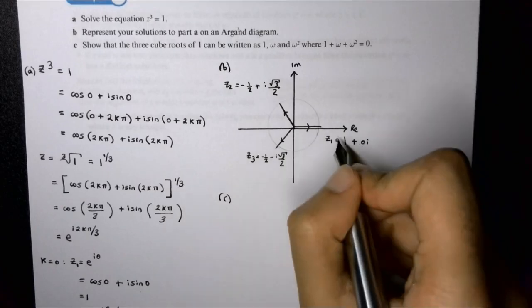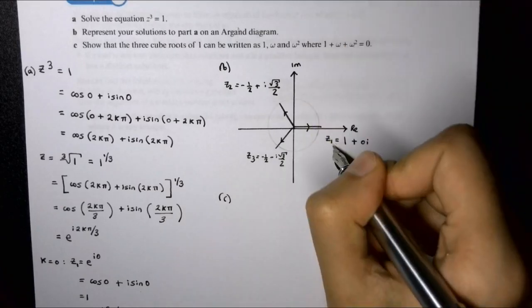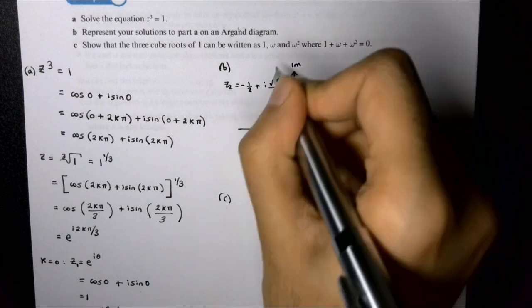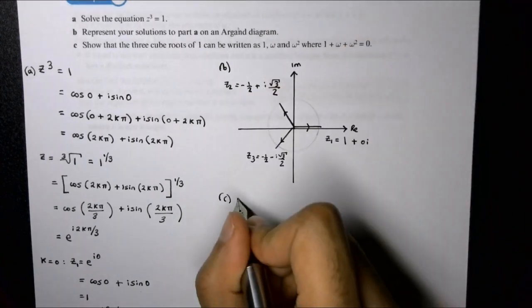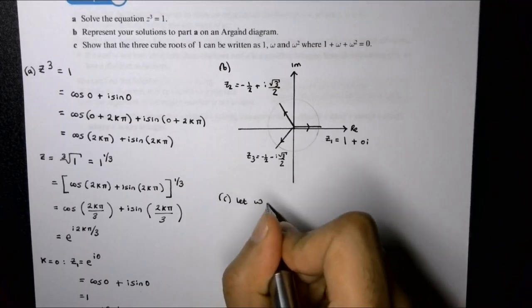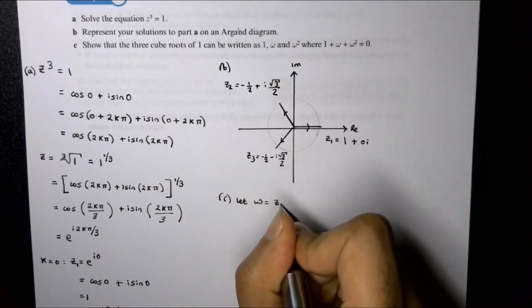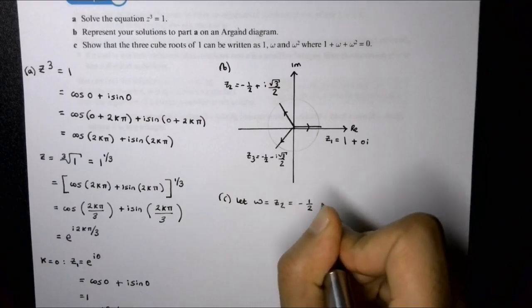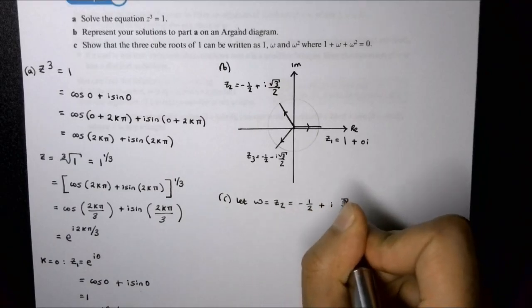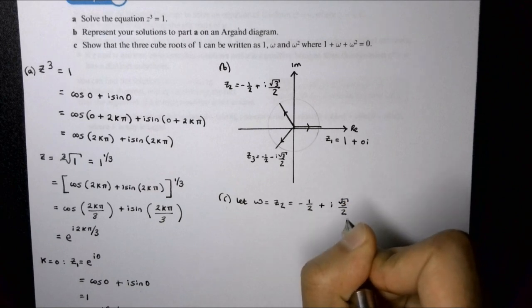So we've got this 1 which corresponds to Z1. So let omega equal Z2, which is equal to minus 1/2 plus i times the square root of 3 over 2.